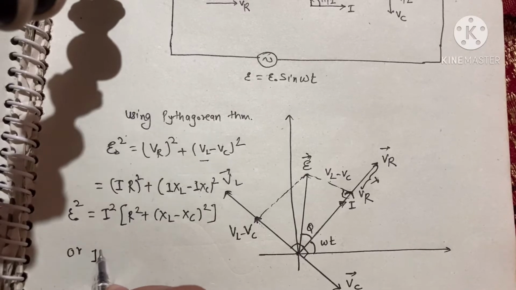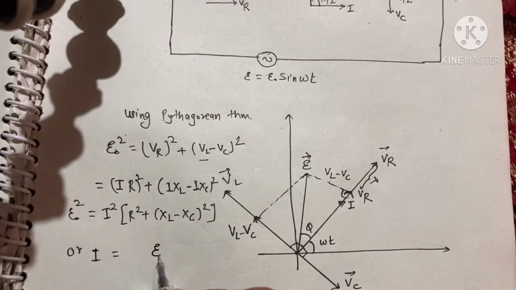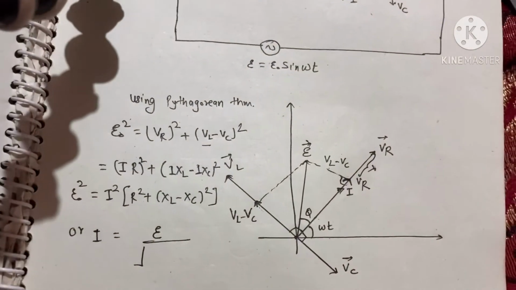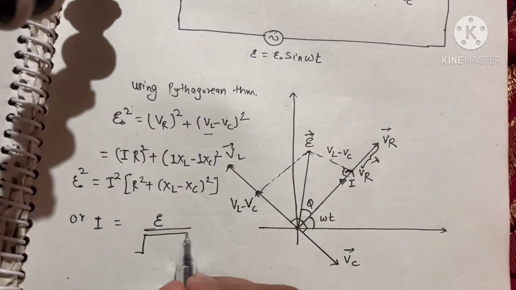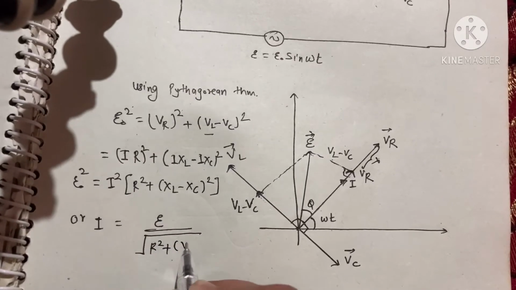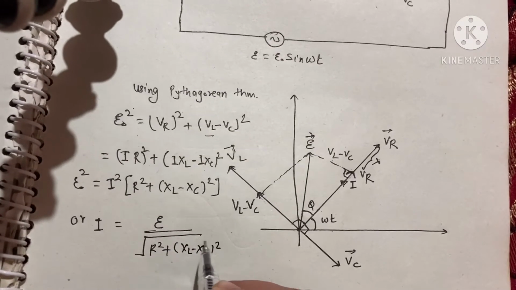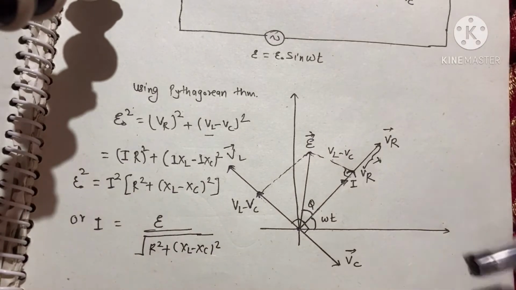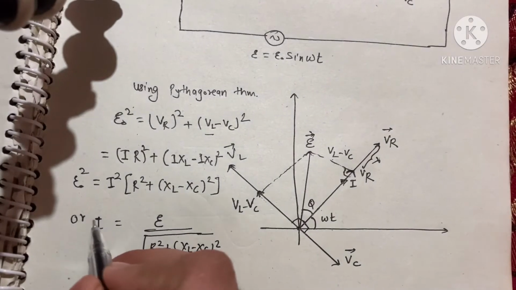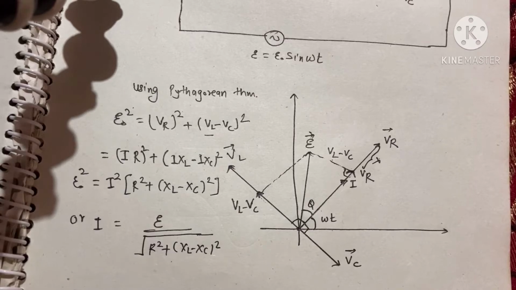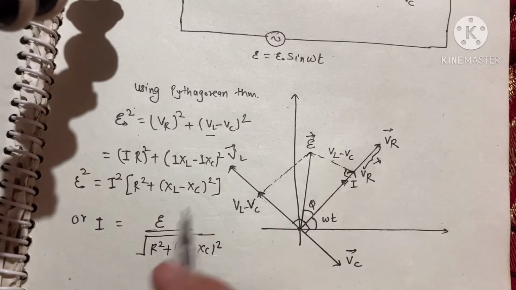Or I can write this equation in a different form: I is equal to epsilon divided by the square root of R squared plus (XL minus XC) the whole squared. Students, if you compare this equation with Ohm's law, I equals V by R, what is the effective resistance offered by this LCR circuit?